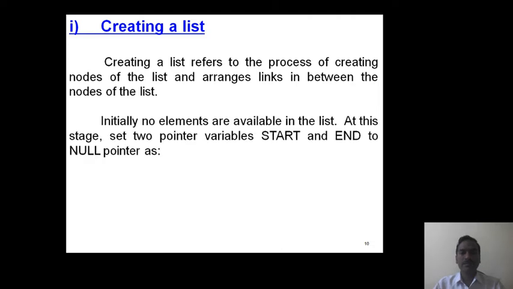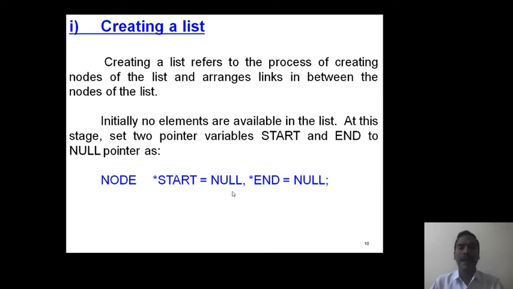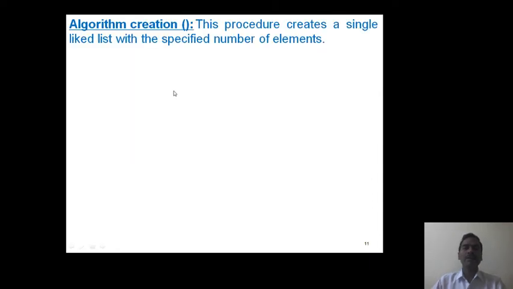Initially elements are not available, hence the two pointer variables start and end are set to null pointer: node asterisk start equivalent to null, comma asterisk end equivalent to null. Now observe the algorithm creation. This procedure creates a single linked list with the specified number of elements.